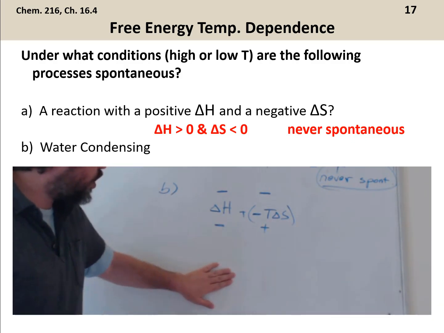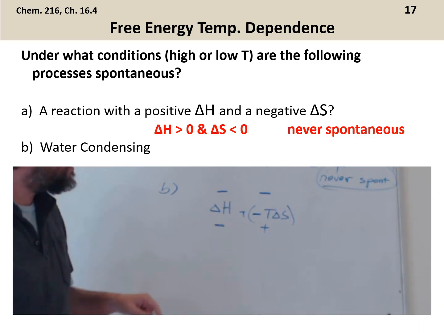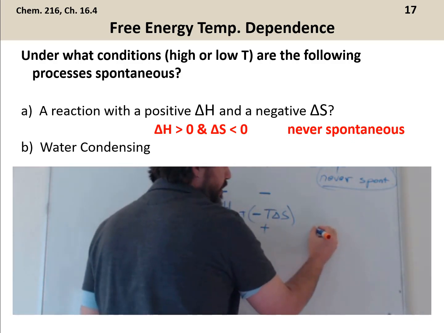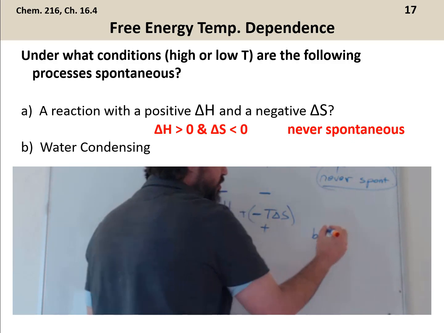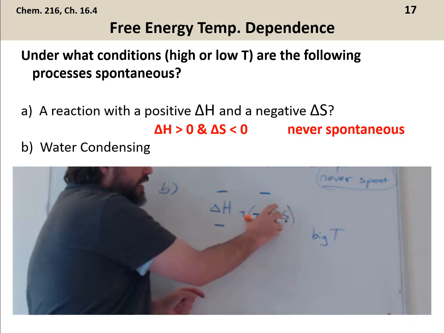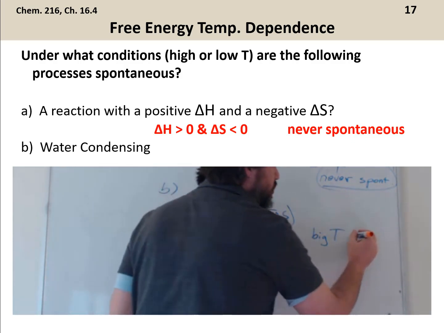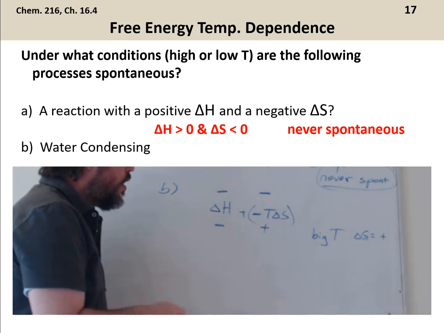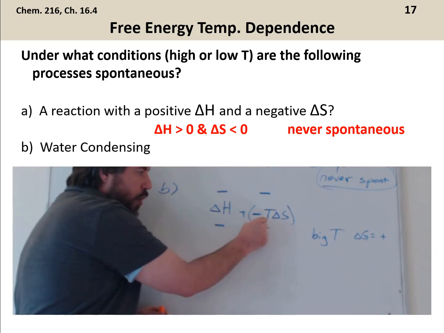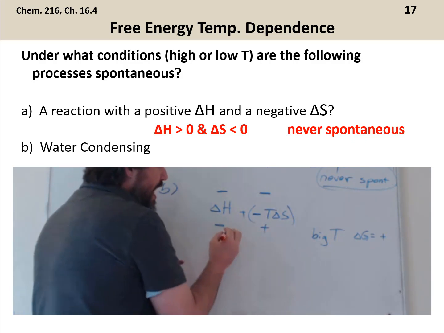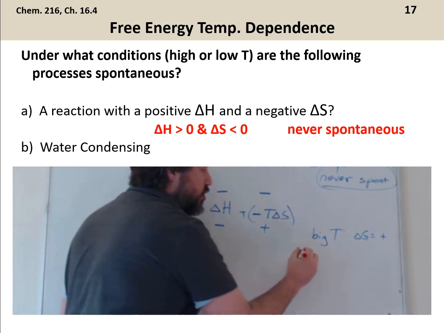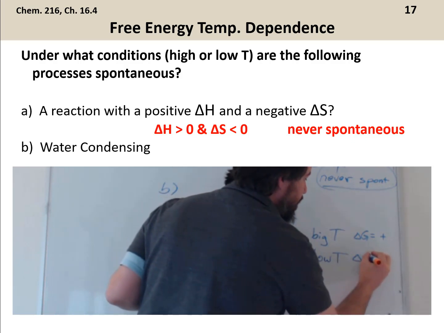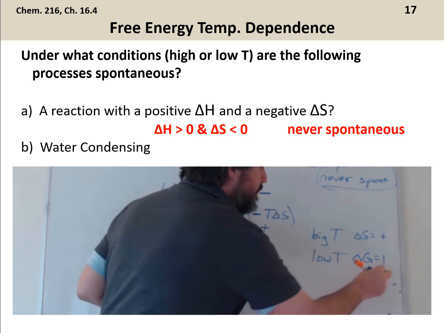So if T is really big, so high temperature, this side is going to win out, so delta G will be positive. Whereas if T is low, then this will be bigger than this. So at low temperature, delta G will be negative.